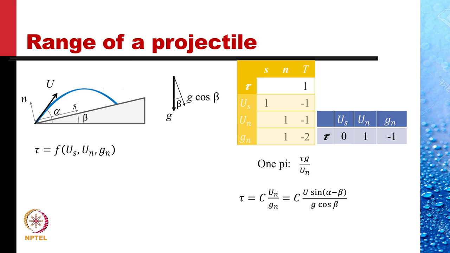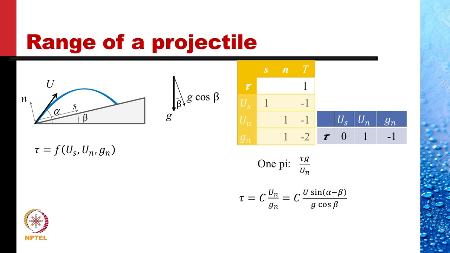The time of flight is a function of us, the initial velocity along the plane s, and initial velocity normal to the plane un.